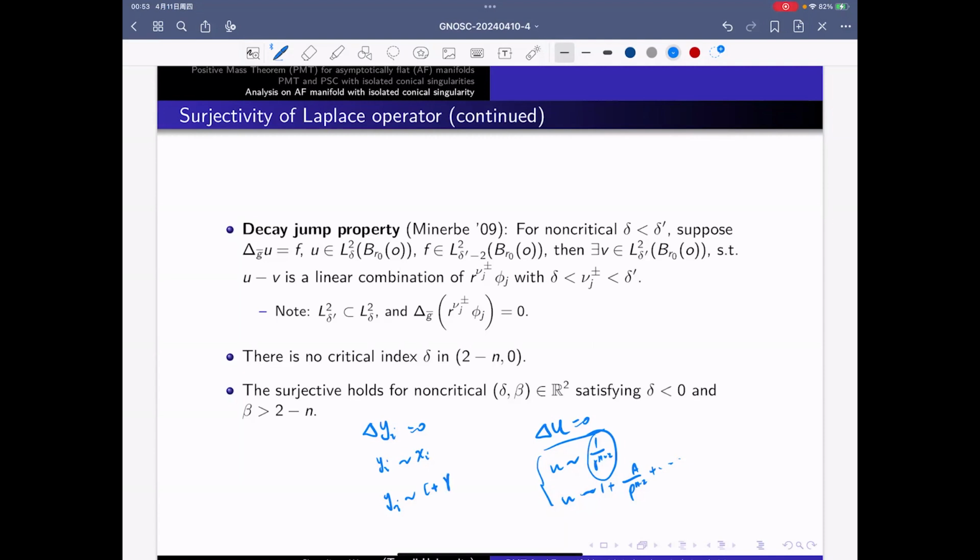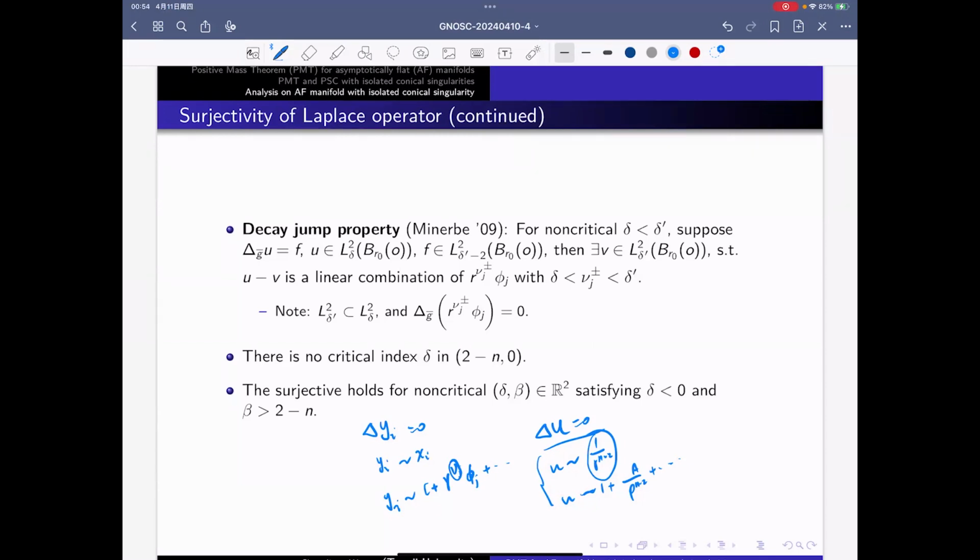So this is some power times like this, and this thing will connect the asymptotic behavior of the harmonic function with the geometry of the cross section, so that we can get the rigidity of the cross section and finally get the rigidity result for us.